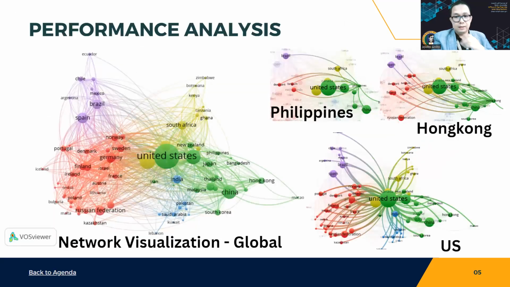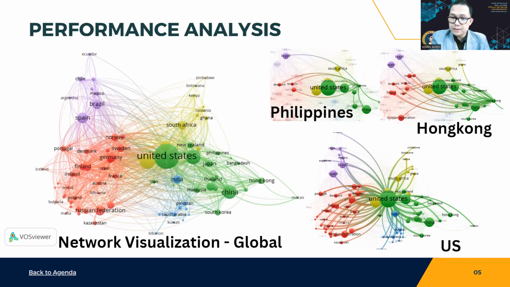So now we look at the collaboration pattern among countries by using co-author analysis. Here we use VOSviewer and look at the network visualization in the global landscape. We can say that one group of research is within the scope of the United States, or in the network of the United States, which includes the Philippines.